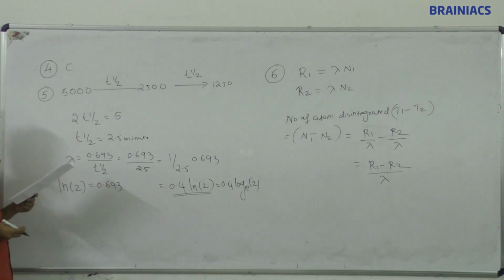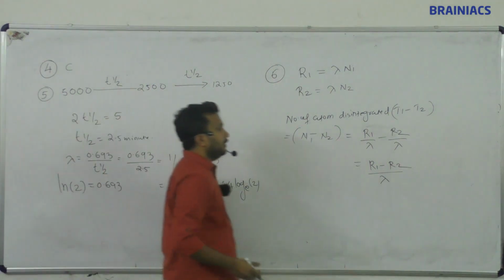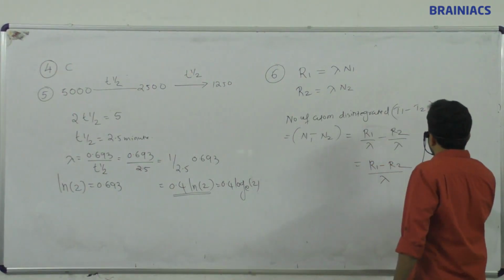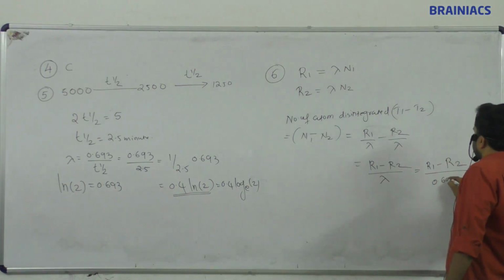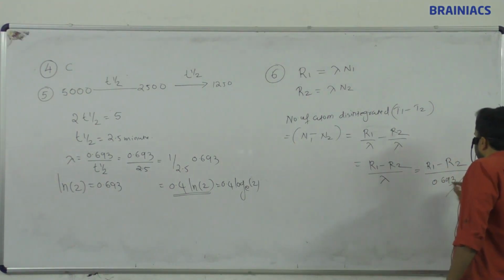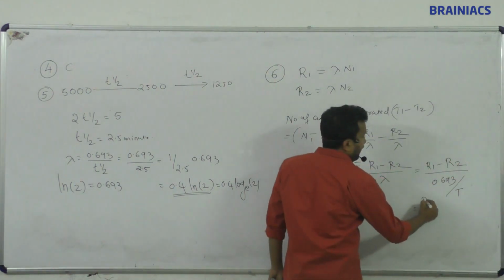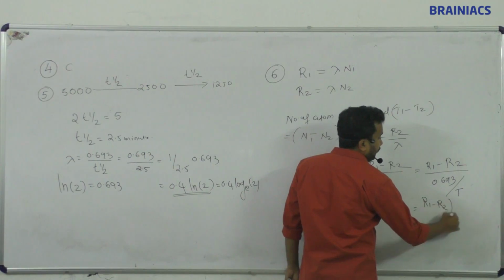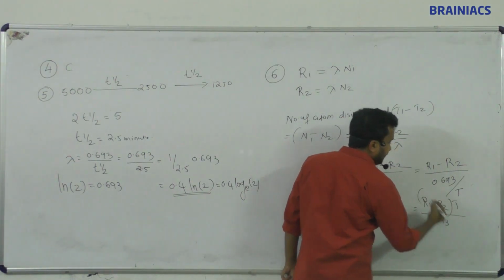Then we have to connect with half-life, because capital T, the half-life, is given. How to connect with the half-life? So 1 by lambda is what? I can say R1 minus R2 divided by 0.693 by half-life, which is given as capital T. So I can write it as R1 minus R2 into capital T, whole divided by 0.693.